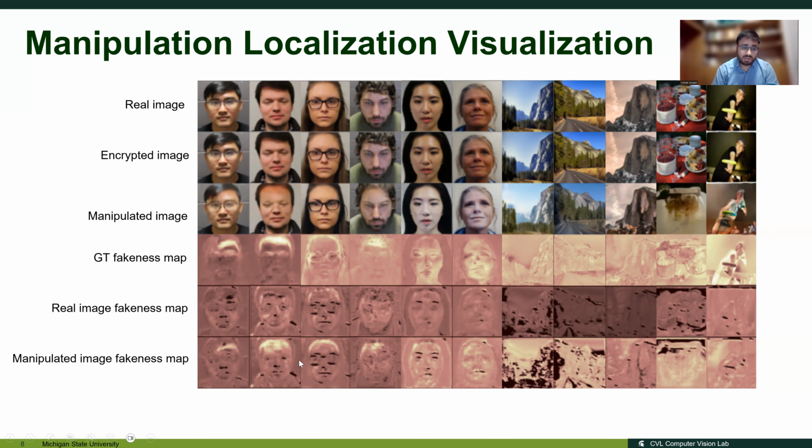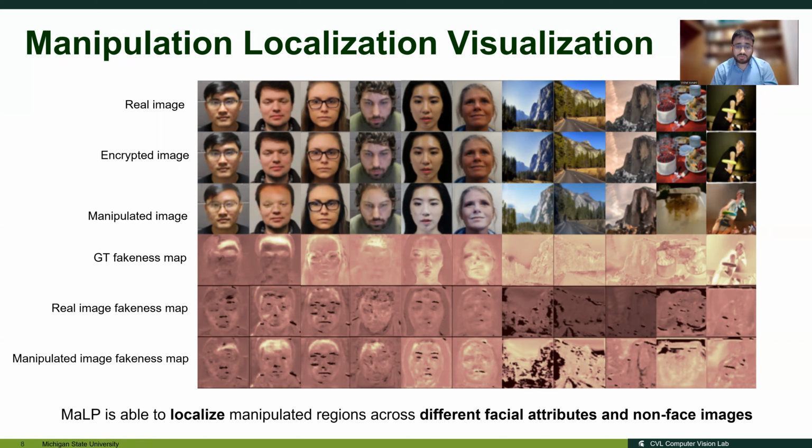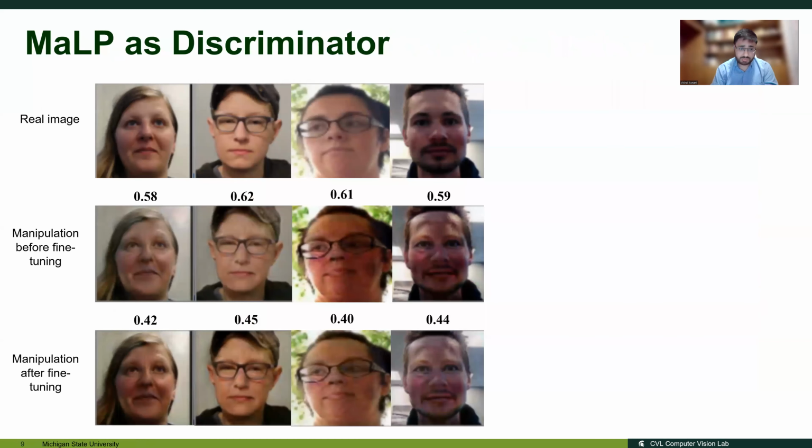And we have very similar manipulated image fakeness maps for all of these images, showing the effectiveness of our approach across face and non-face datasets. So MaLP is able to localize the manipulated regions across different facial attributes and non-face images.